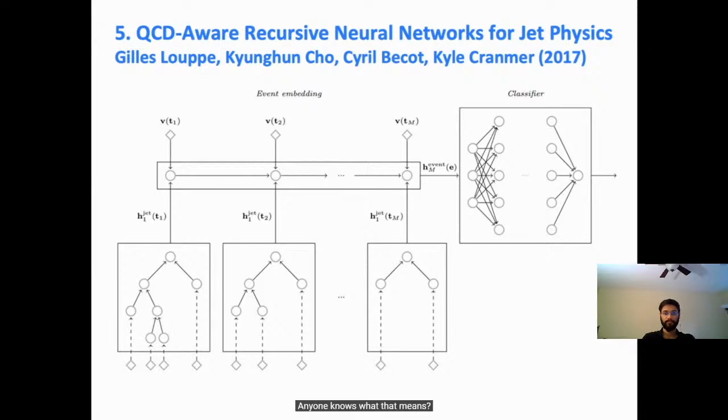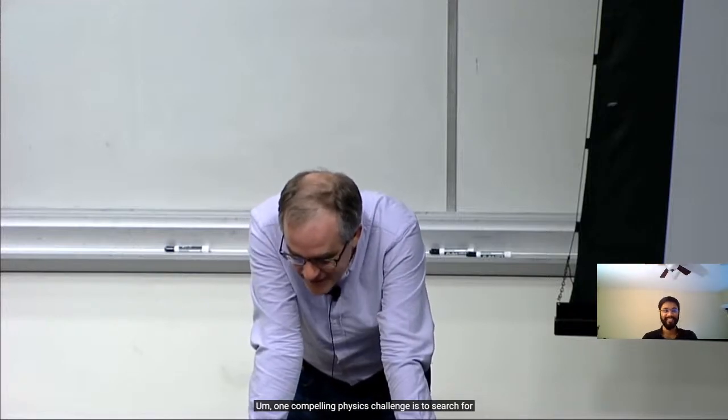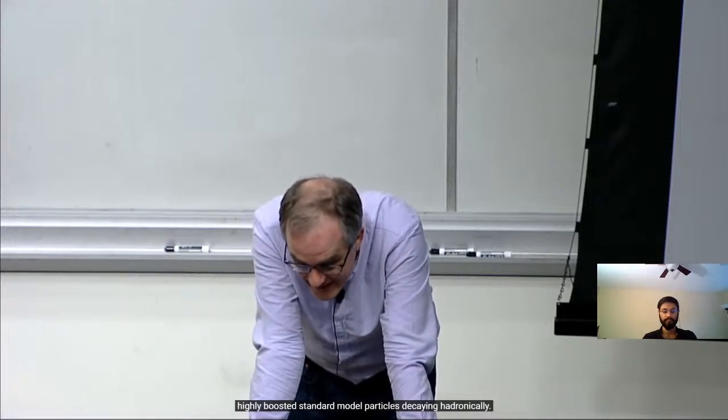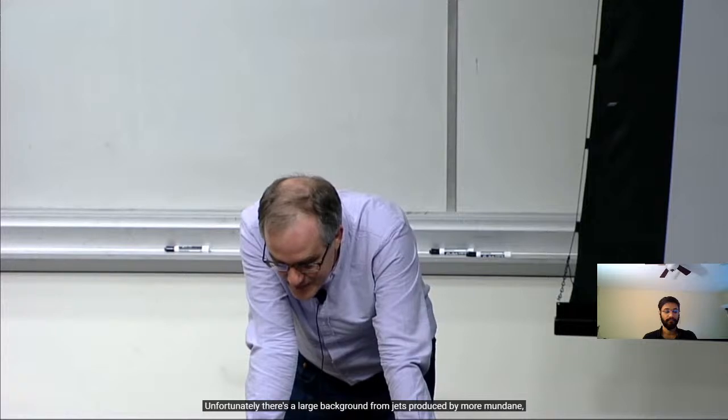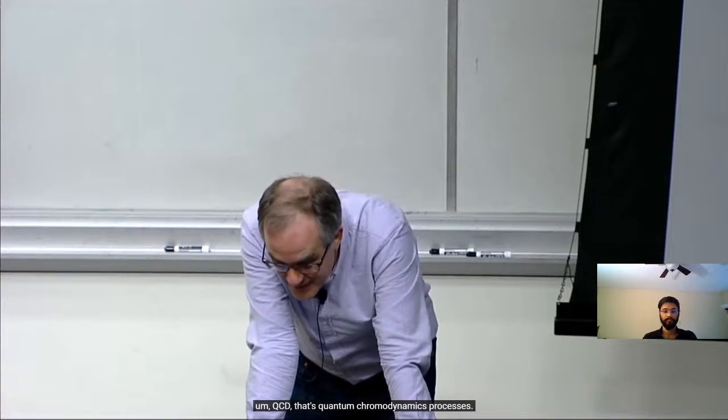If anyone knows what that means, I hope you're following along here. One compelling physics challenge is to search for highly boosted standard model particles decaying hadronically. Unfortunately, there's a large background from jets produced by more mundane QCD, that's quantum chromodynamics, processes.